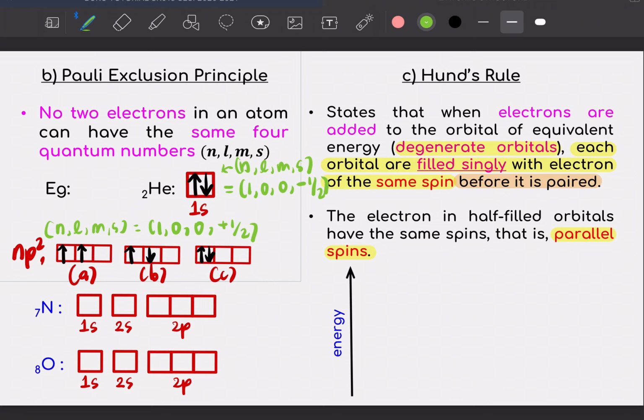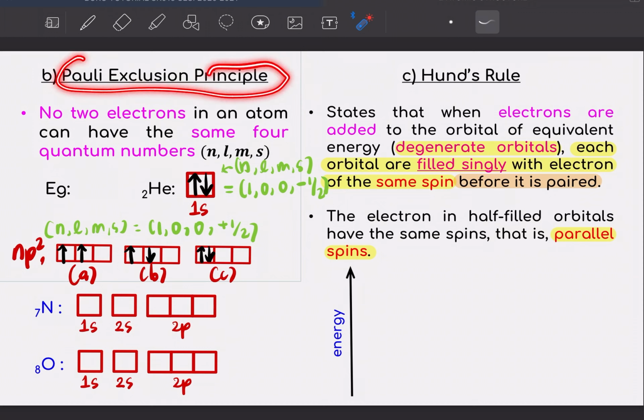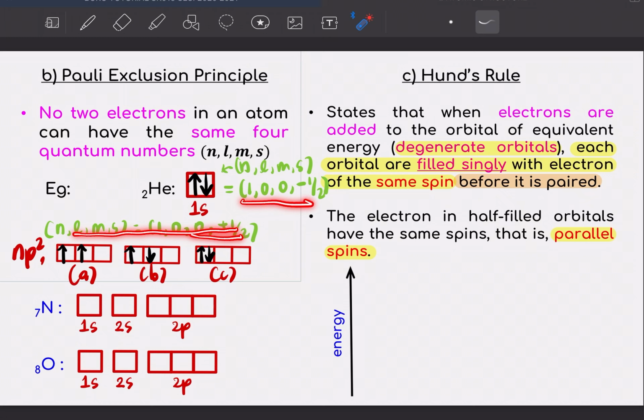Okay, so this means that I am obeying the Pauli exclusion principle, where both these electrons in this helium atom have a unique set of quantum numbers. It cannot have the same 4 quantum numbers.